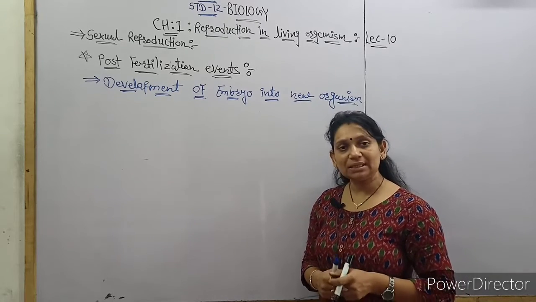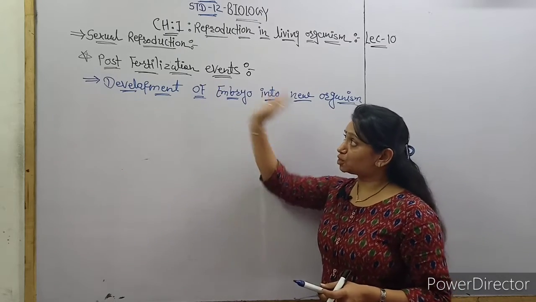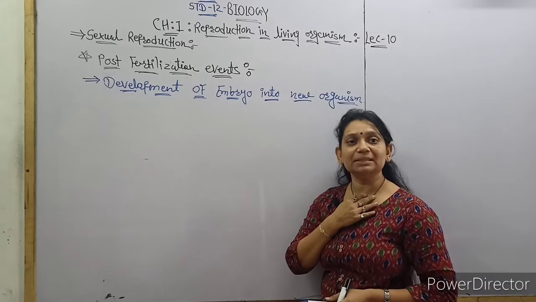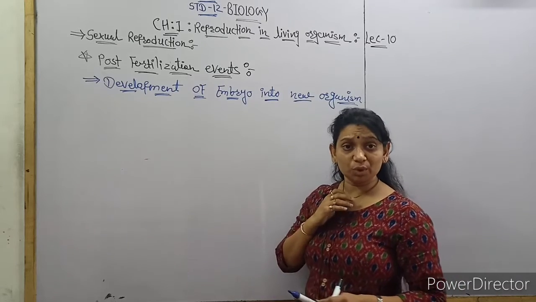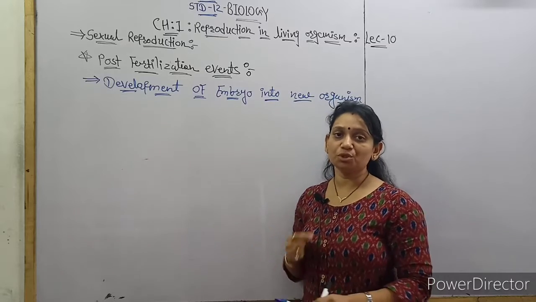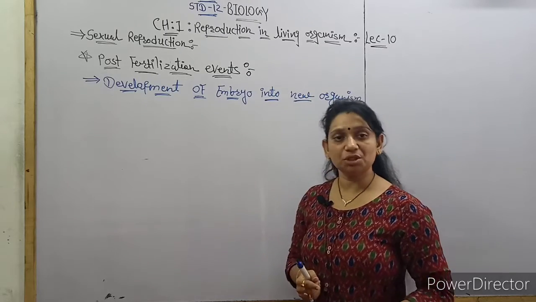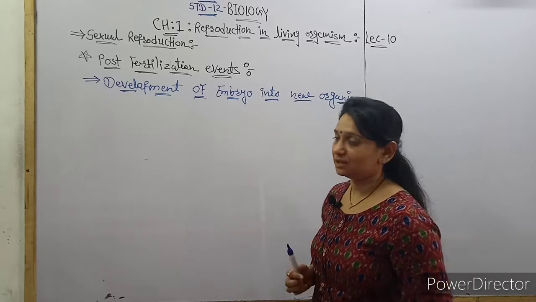But here in this chapter, how the post-fertilization events happen in a flowering plant has been given as a short explanation, so that I am going to explain over here. Fine. So now we'll see post fertilization events in a flowering plant.